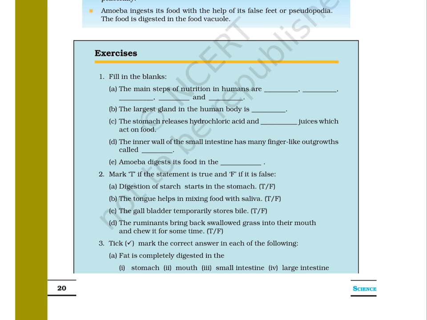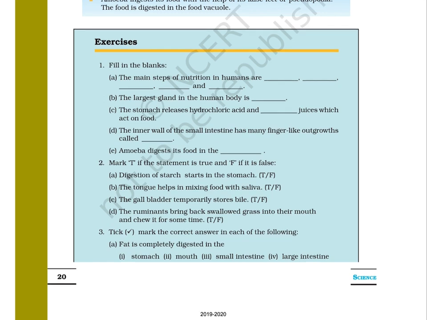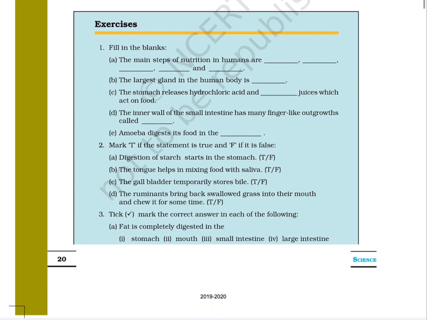C. The stomach releases hydrochloric acid and blank juices which act on food. D. The inner wall of the small intestine has many finger-like outgrowths called blank. E. Amoeba digests its food in the blank.